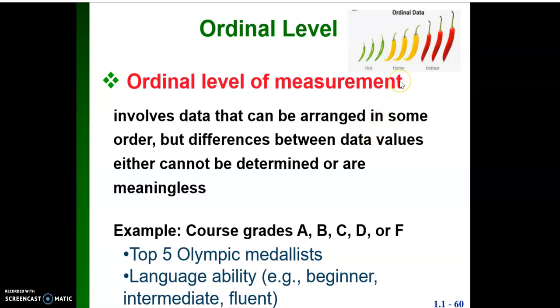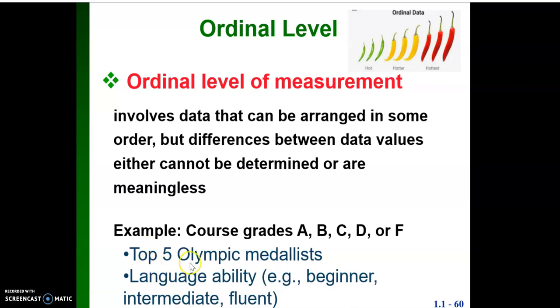For example, small, medium, large, or hot, hotter, hottest. Or your grades, A, B, C, D: we know A is higher than B, but you don't know the difference between A and B. Because of that, that goes under ordinal level of measurement.